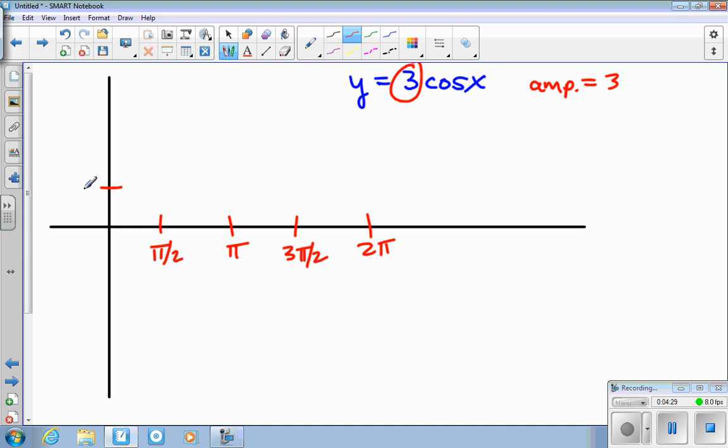And on the y-axis, you have 1, 2, 3, -1, -2, and -3. The reason we're doing this is because instead of starting at 1, like cosine normally does, we're going to start up at 3. Down to 0, -3, 0, and 3.